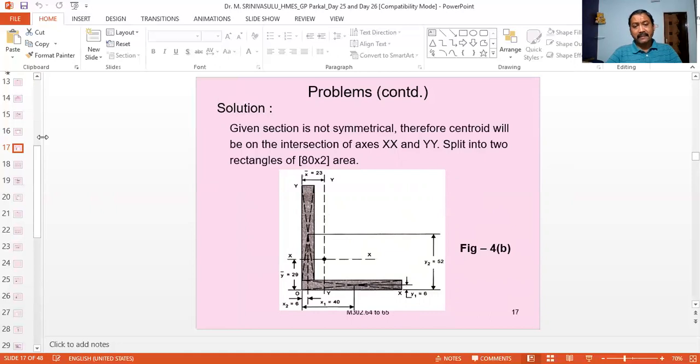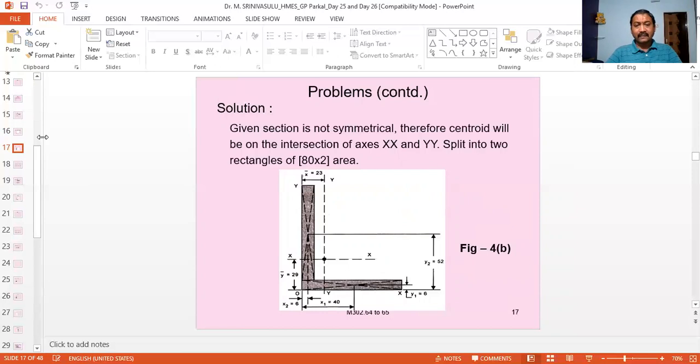Therefore, first of all, we have to define the reference axes, x-axis and y-y. Generally, the x-axis can be taken from the bottommost edge, so the bottommost edge is the x-axis and the leftmost edge is the y-y axis.